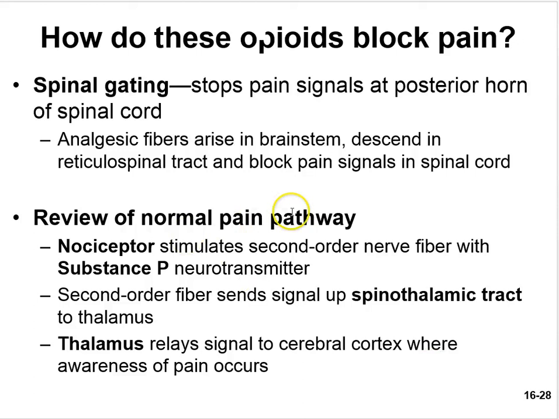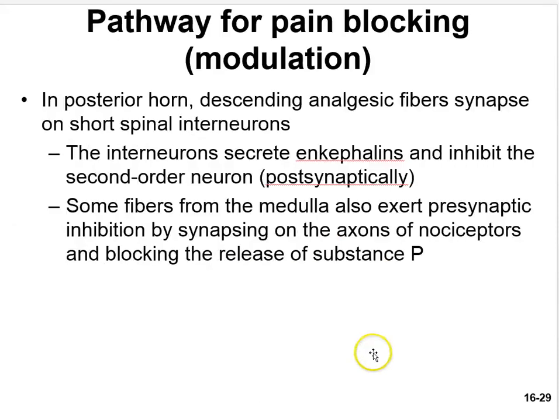In the normal pain pathway, we have the nociceptor that is stimulated and then stimulates a second order nerve fiber with substance P neurotransmitter, and then the second order fiber sends a signal up the spinothalamic tract to the thalamus, and then the thalamus relays the signal to the cerebral cortex where awareness of pain occurs. That's the normal pain pathway.